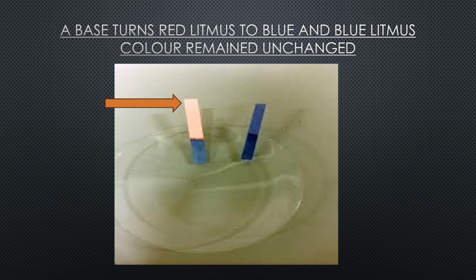We put red litmus paper in a solution of base. Then it turns blue, and when blue litmus paper is put, it remains unchanged. It means bases change the red litmus paper to blue.